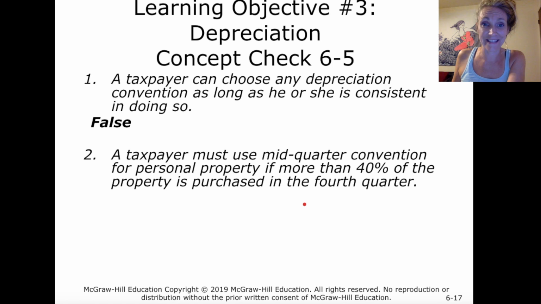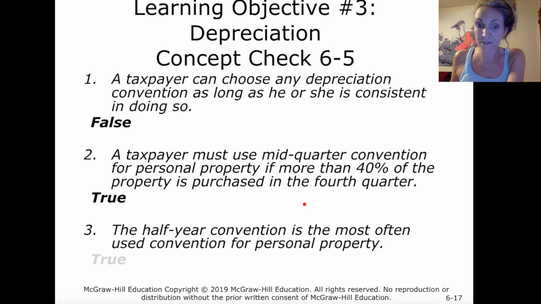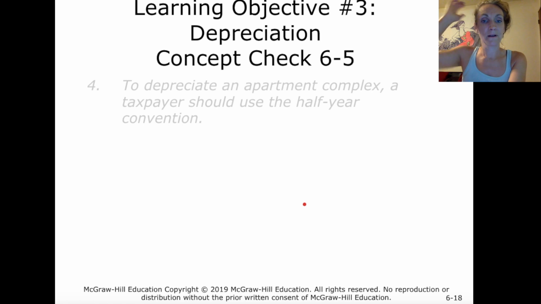Because they didn't in this PowerPoint. True. The half-year convention is most often used convention for personal property. Yeah, right, because I said it applies for all of the useful lives most of the time. It's only when you have a bunch of assets being purchased at the end of the year.